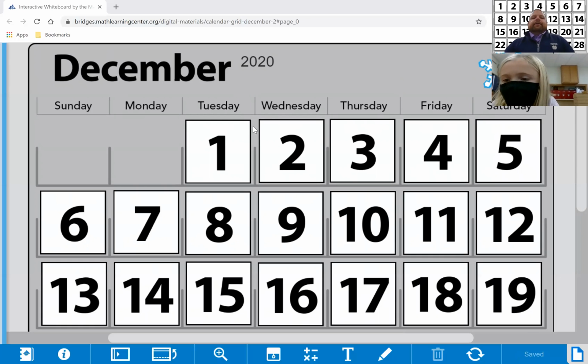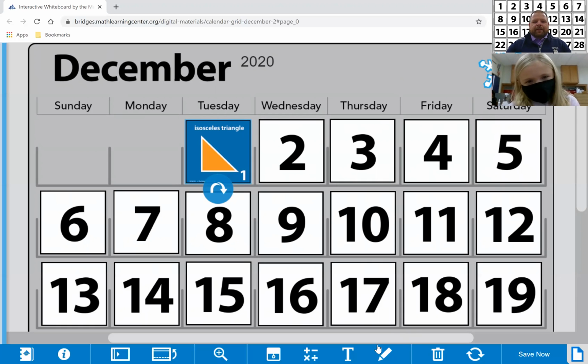Cool. All right, so we're going to go to day one. You think it's going to be something to do with fall, right? Yes, and winter. All right, ready? What do you see? Do you notice this shape? Yes. What is it?